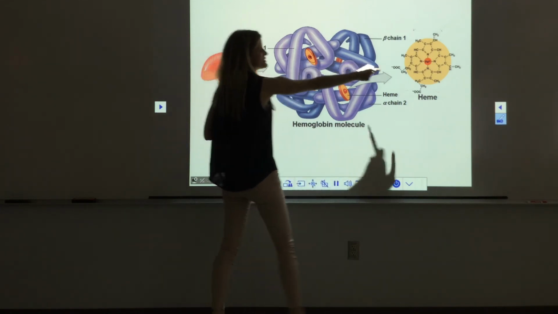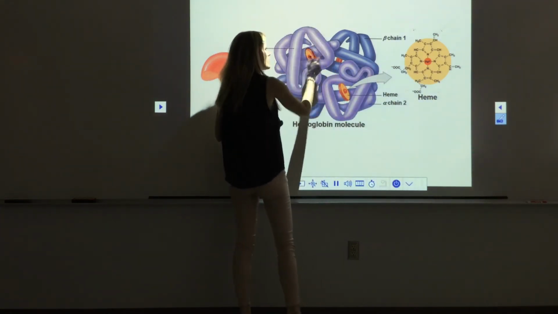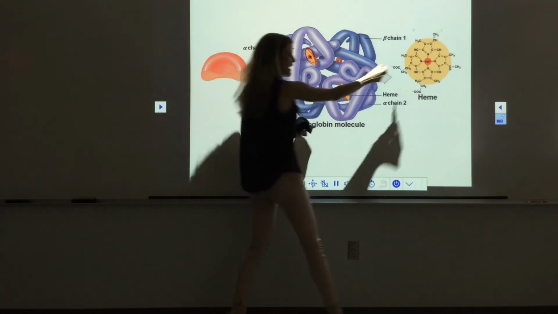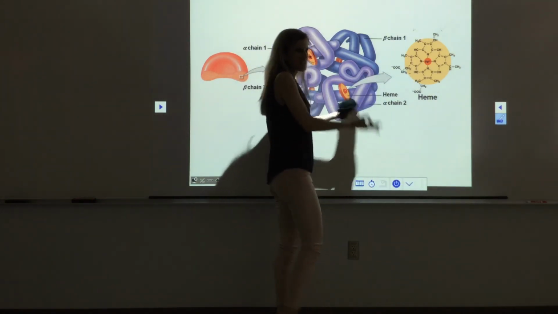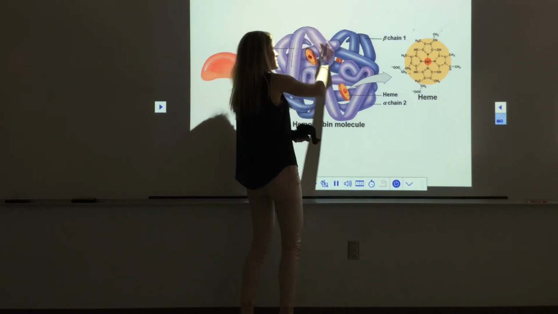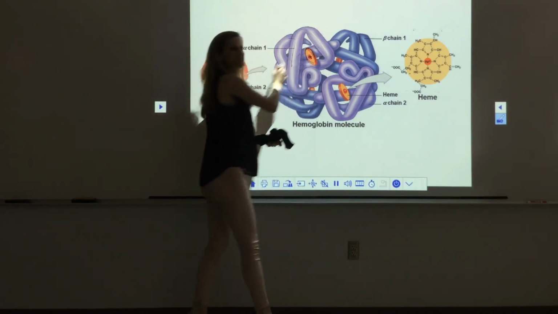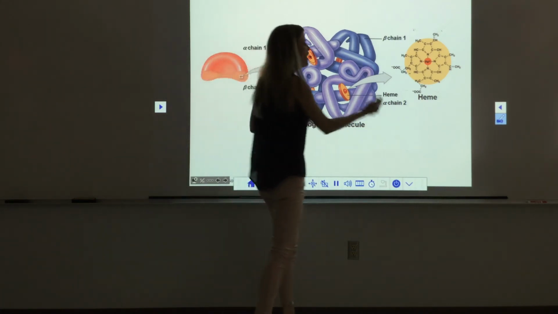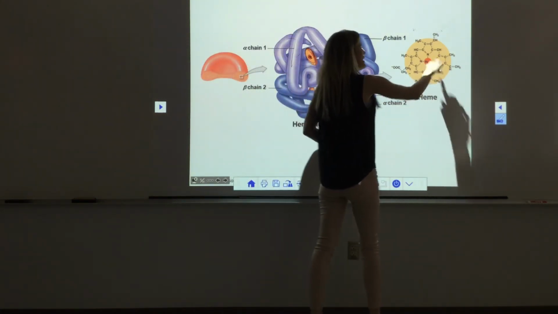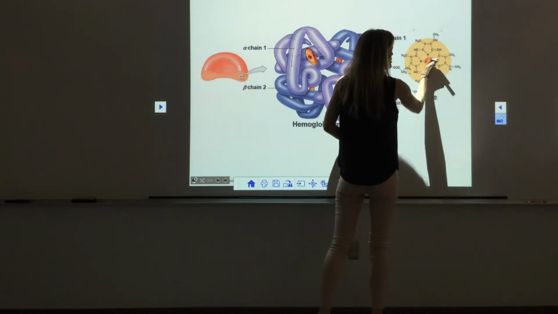That is heme. Each of these little orange circles that you're seeing here is actually represented by this. So that's all of the atoms that are there, right? So this is pretty complex. And these little lines, remember, are hundreds of amino acids. So these are big, complex molecules. But this is heme, and in the center of heme, we have iron.